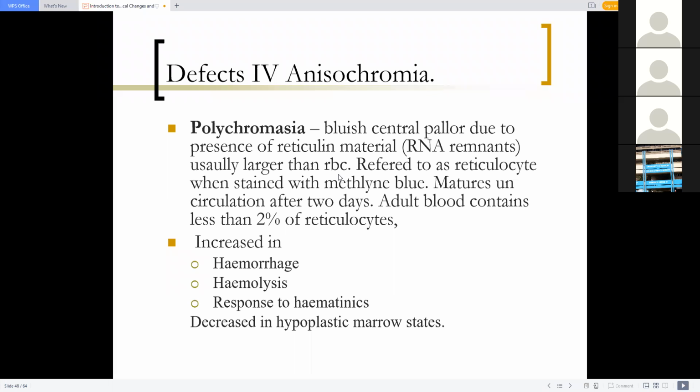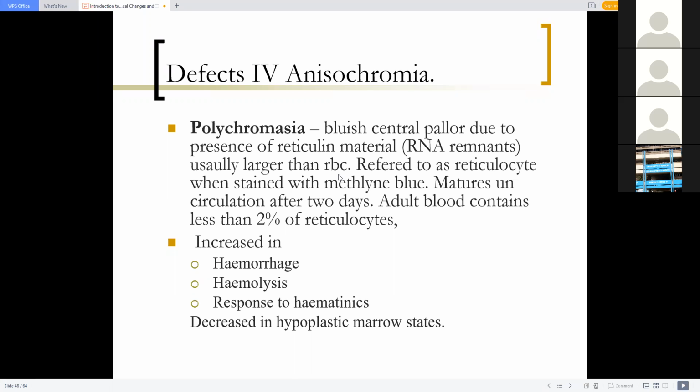So in polychromasia, the red cells take up a bluish tint, and this occurs because of remnant RNA material contained in the red cell that takes up the stain and gives the red cell this bluish tint. Usually under the Romanowsky stains, the cells will be bluish, and then we say that the cells are polychromatic.